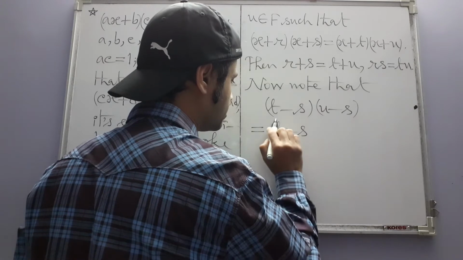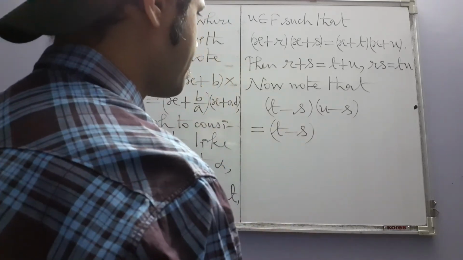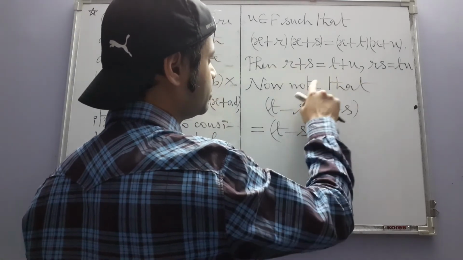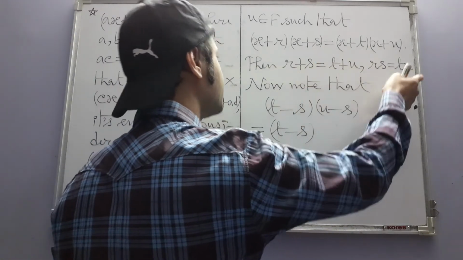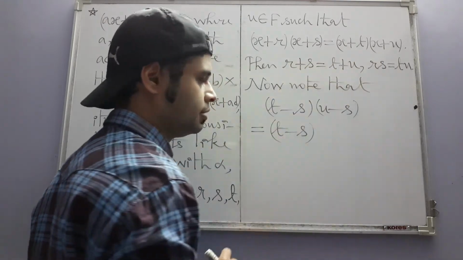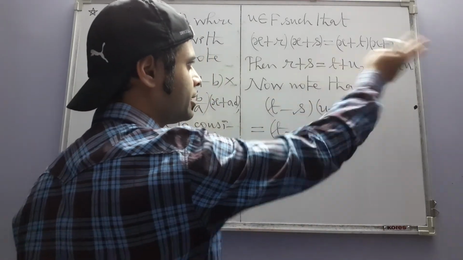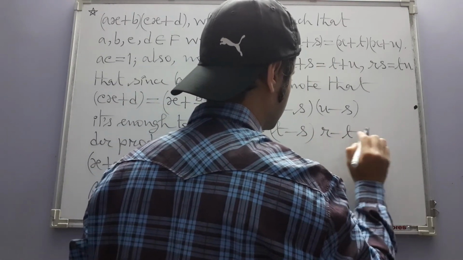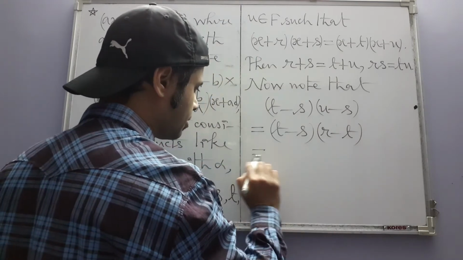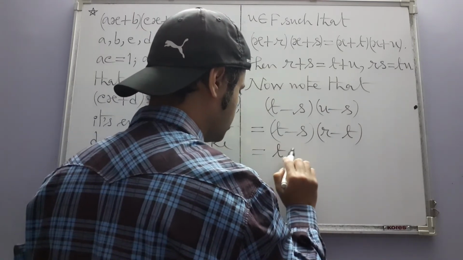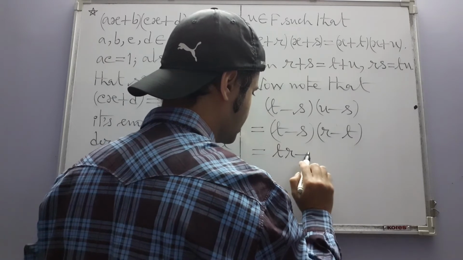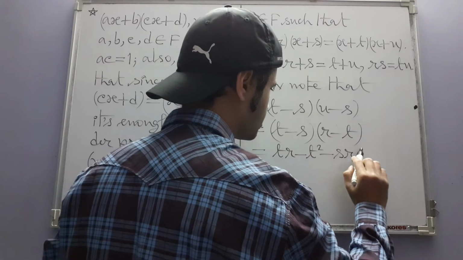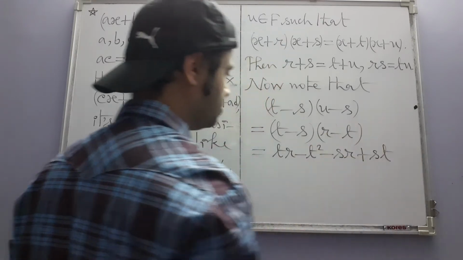T minus S times, okay, now from this equation, in place of U minus S, we can write R minus T because they are equal. U minus S is equal to R minus T. And now we do the multiplication. So this gives us TR minus T square minus SR plus ST.